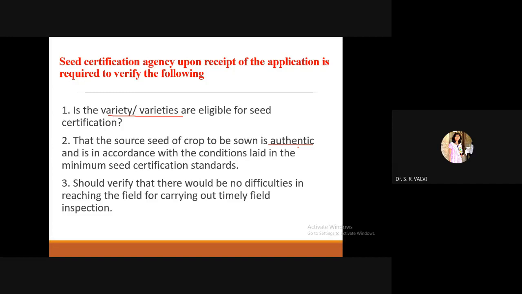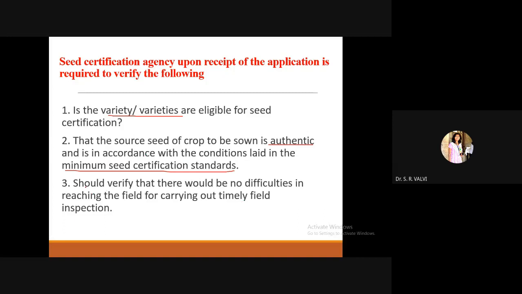Only from there you have to purchase that particular seed, which means it is authentic seed, and that seed should meet the minimum seed certification standards. It must have this condition. If this condition is fulfilled, then your process of seed certification will proceed further.